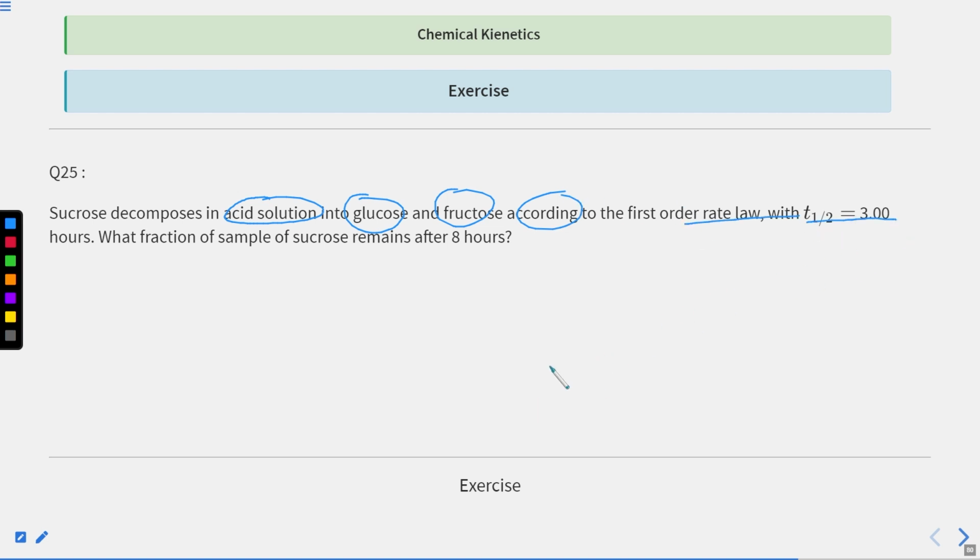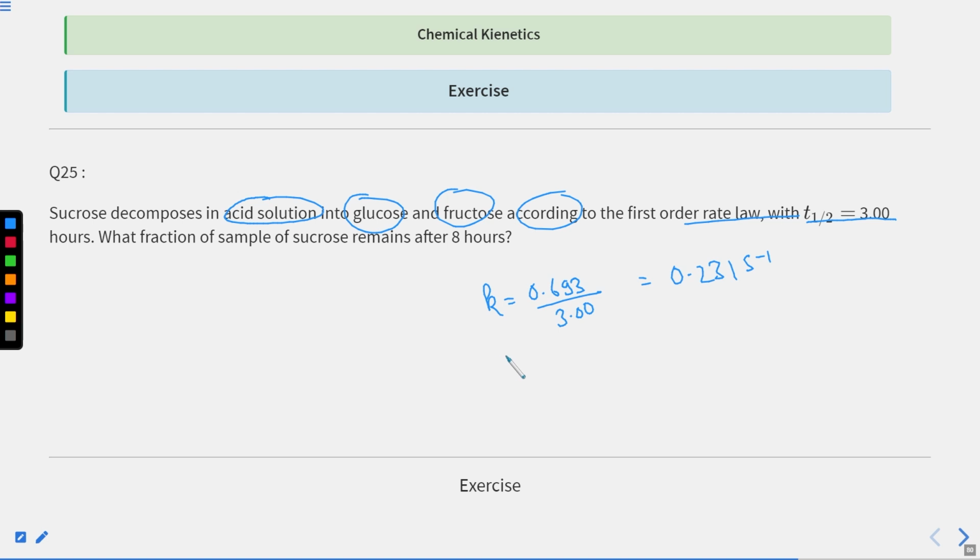What fraction of a sample of sucrose remains after 8 hours? Since it is given that it is first order, K will be nothing but 0.693 by T half, which is 3.00. That would give you 0.231 per second.